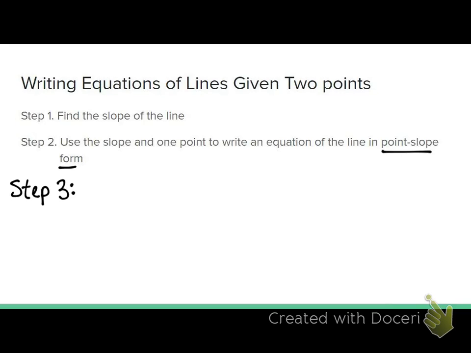On that last problem, right after it was in point slope form, how did we start to get the y alone? Distribute. So step 3 would be to distribute the slope, or the m.